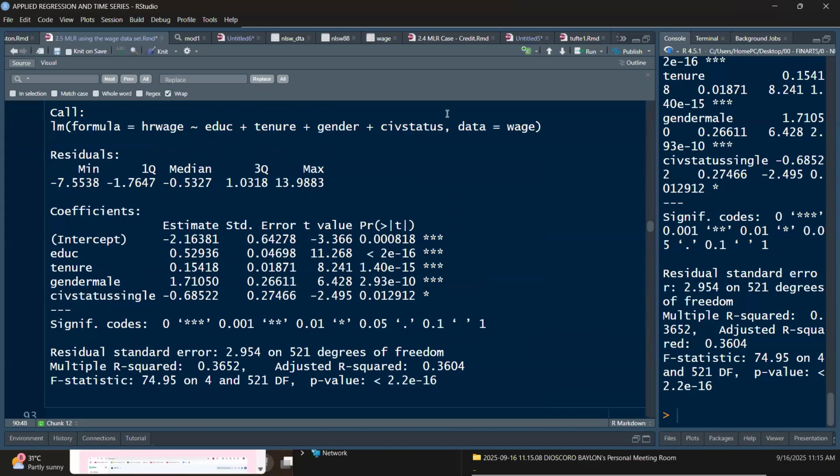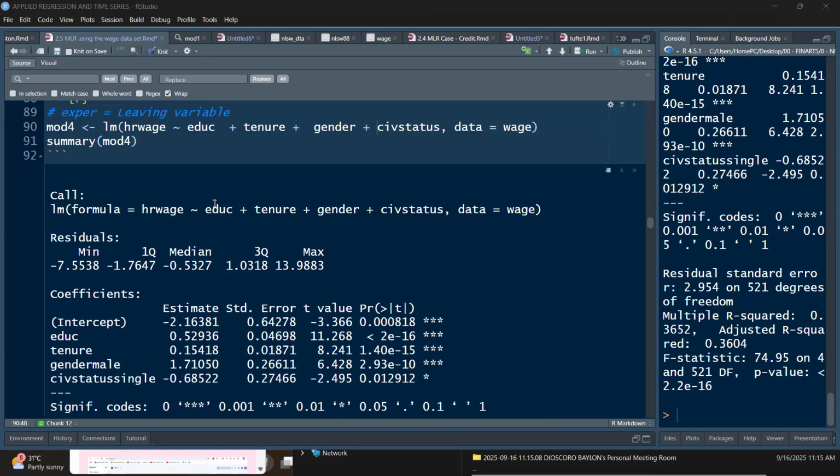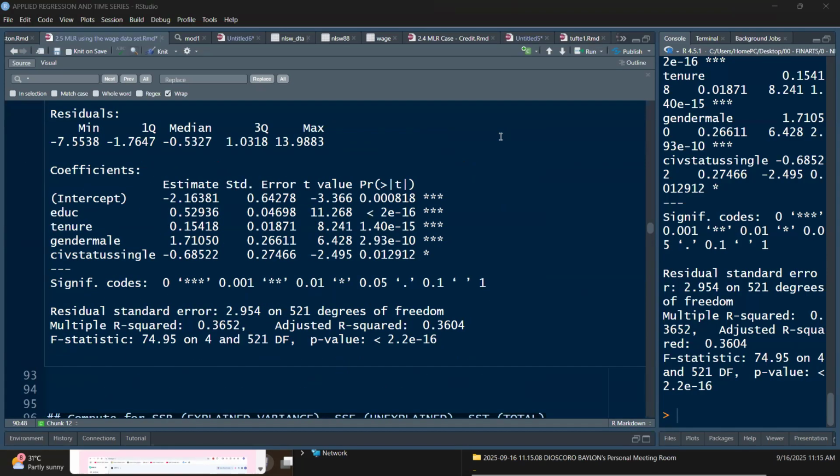Okay, let me pause for a while and allow you to catch up, class. I'll give you a few seconds. And once you're done, once we have reached model number 4, please chat or tell me if you have any questions.